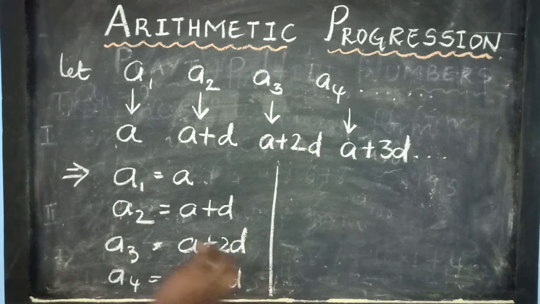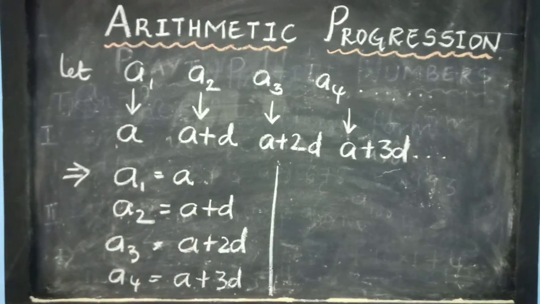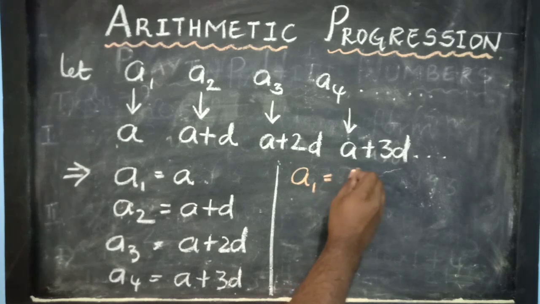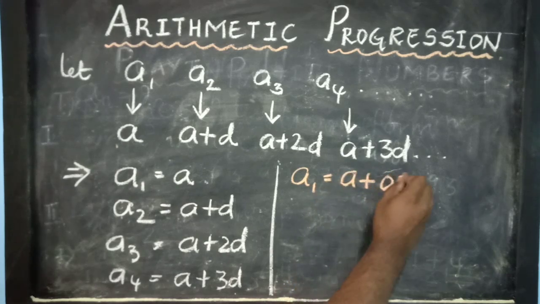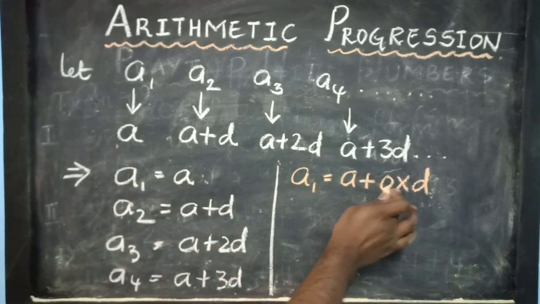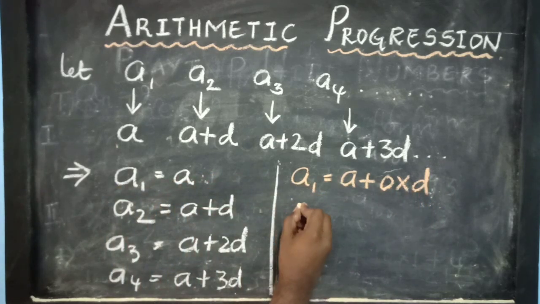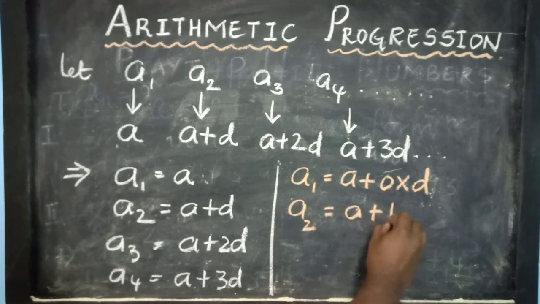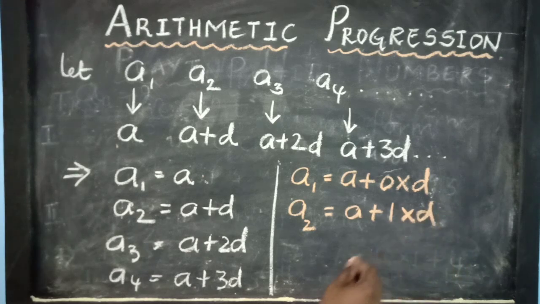Now students, you observe this relation. I can write A1 as A plus 0 times D, which is 0 plus A, that is A. Then A2 I write as A plus 1 times D, which is D, that is A2 equals A plus D. What is A3?